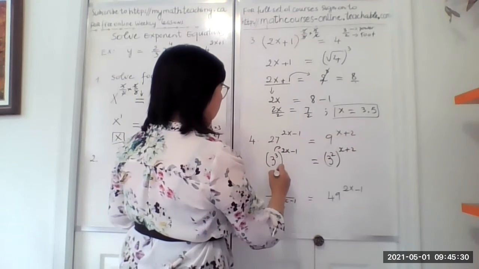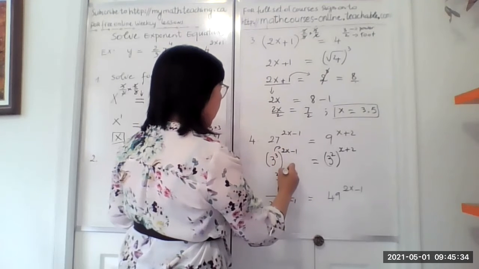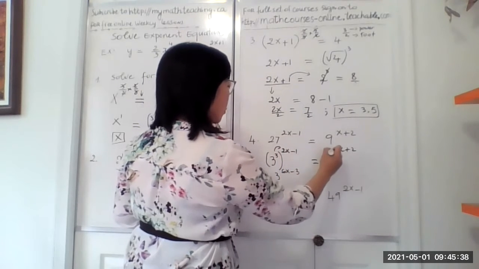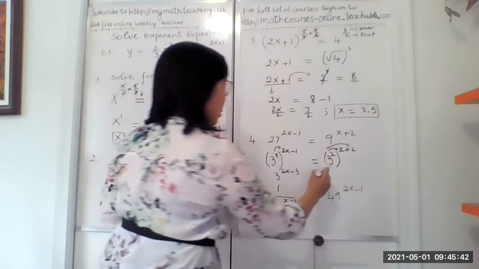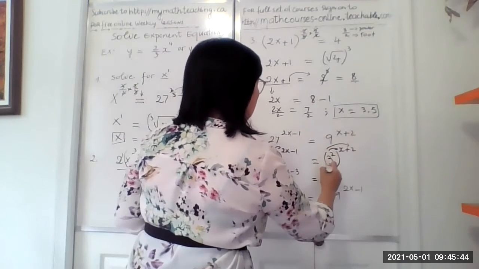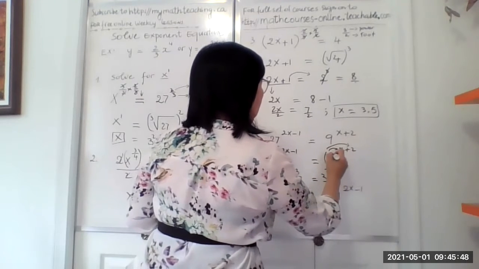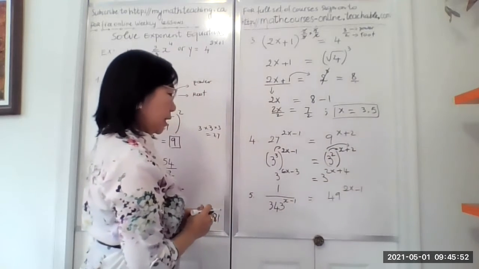So I will have 3 to the power 3 times 2, which is 6x. 3 times 1 is minus 3, equals. I'm going to distribute this to here and distribute this to here. So I have 3 to the power 2x. 2 times 2 is plus 4. So that's the idea.